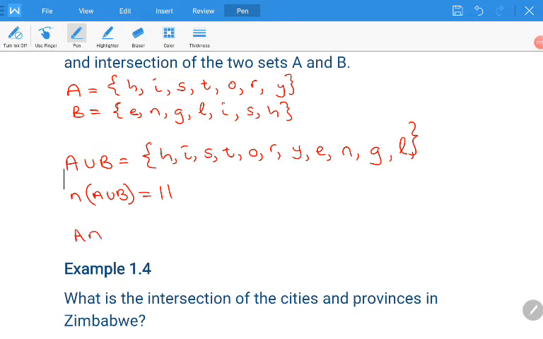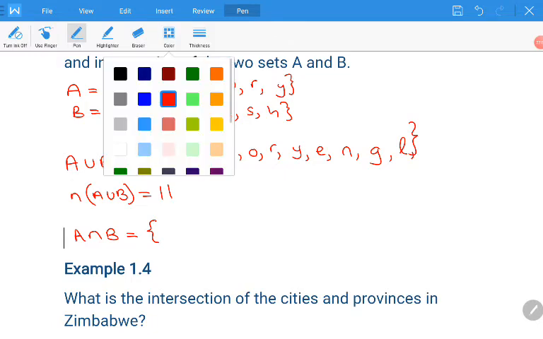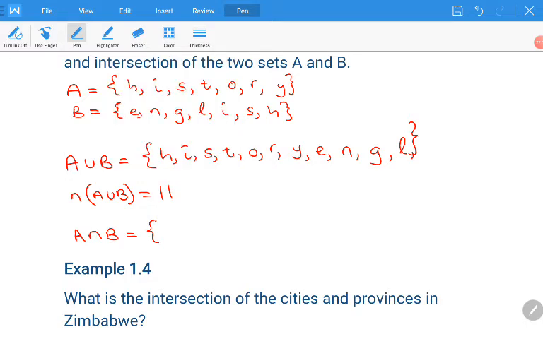A intersection B is given by, now we were looking at elements which are common in both sets. So we have H, which is common, so we put H in here. We have I, which is common, we put I here.